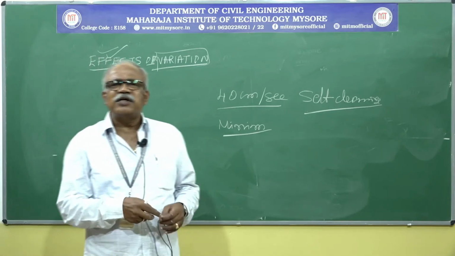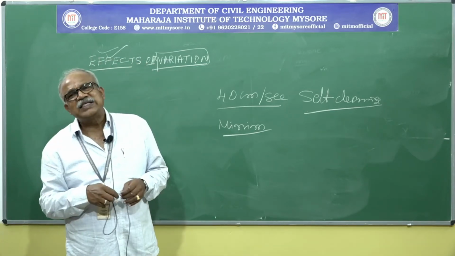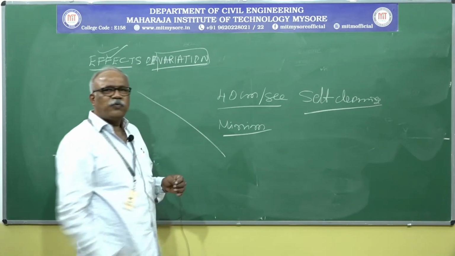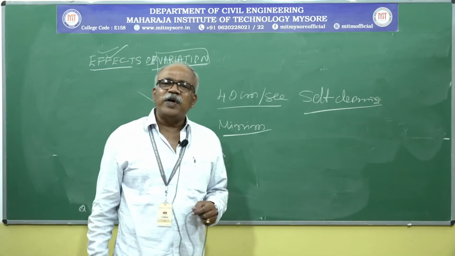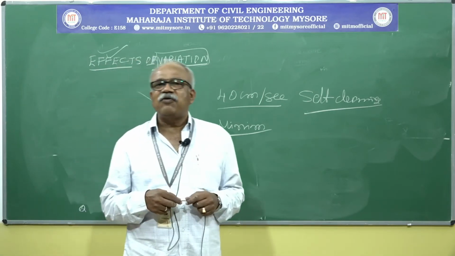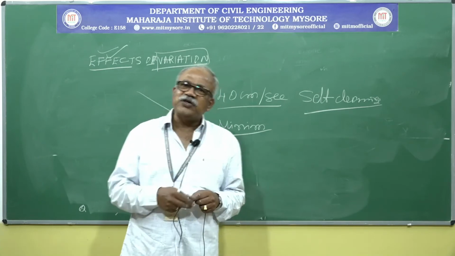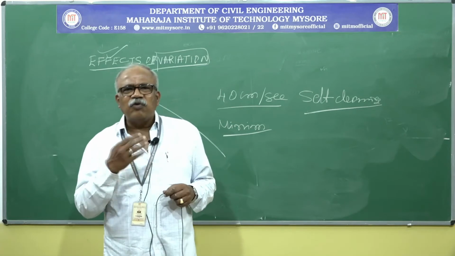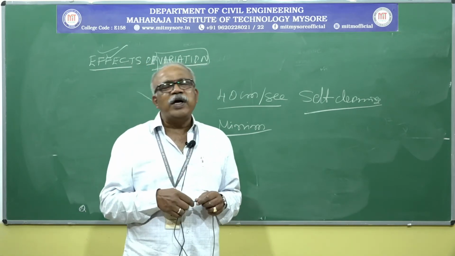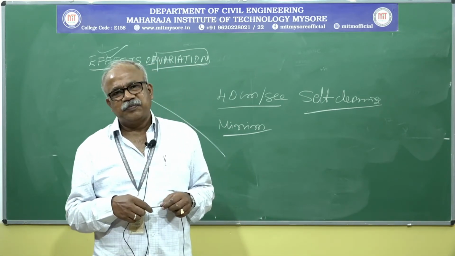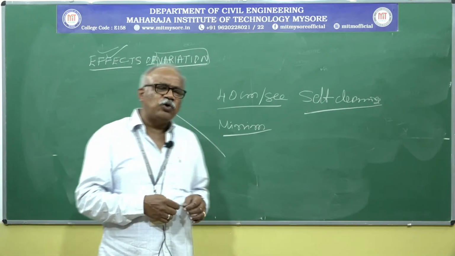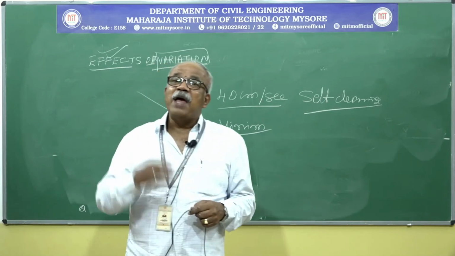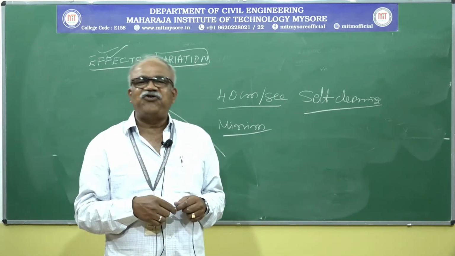Normally, these things happen in flat surfaces. If the gradient or slope is more, it is very difficult to achieve the self-cleaning velocity. In that situation, to control the higher velocity, we have to provide manholes. Our goal is to achieve the self-cleaning velocity, even at maximum discharge.